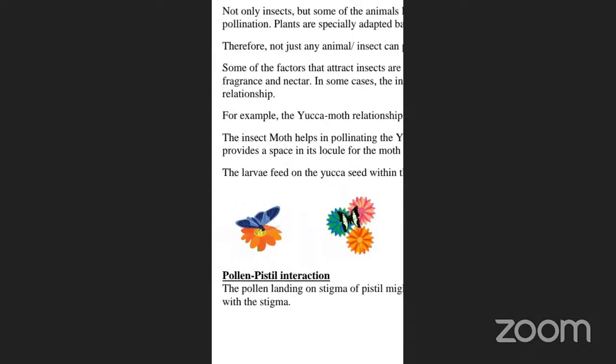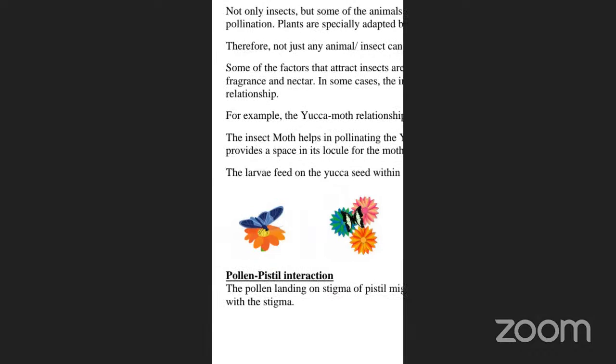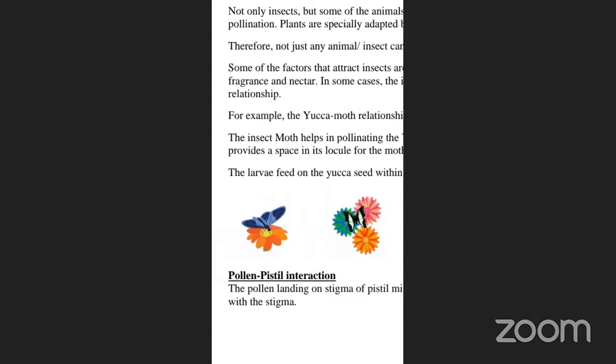Next, pollen pistil interaction. Pollen grains are carried by biotic and non-biotic pollinating agents like birds, water, wind, and finally reach the stigma.